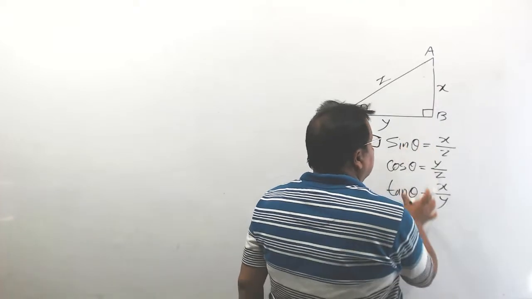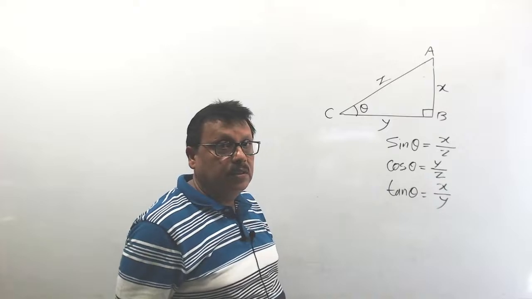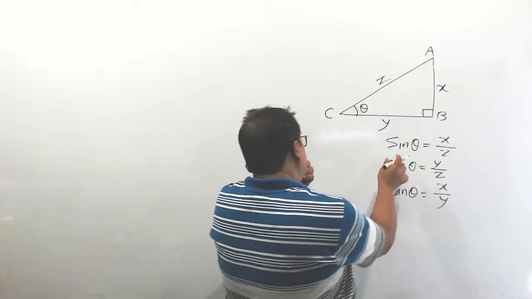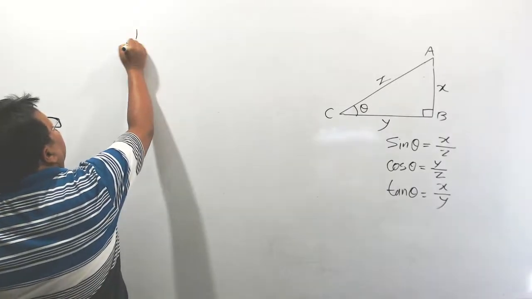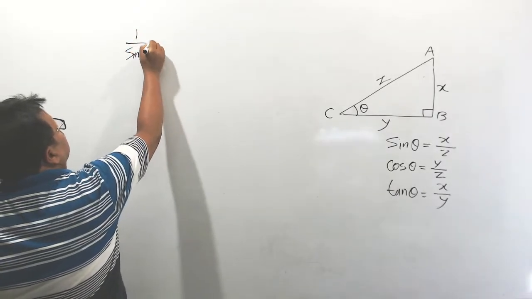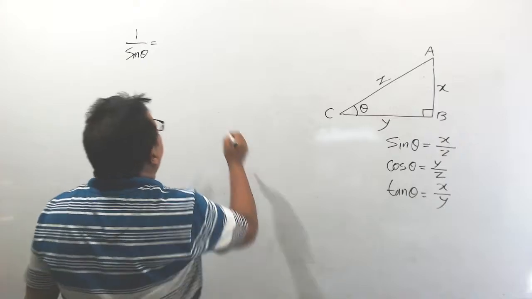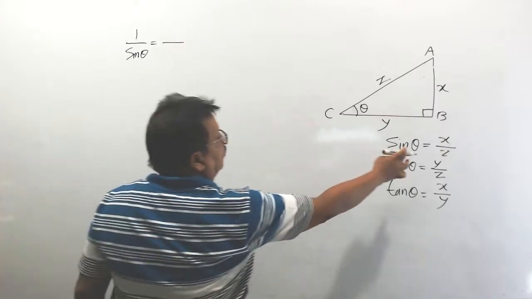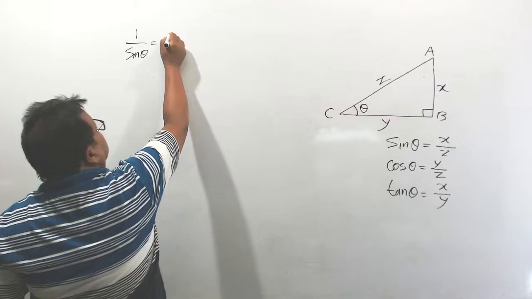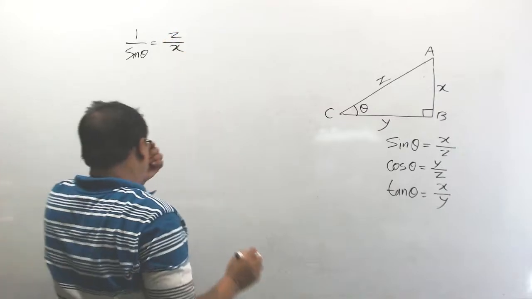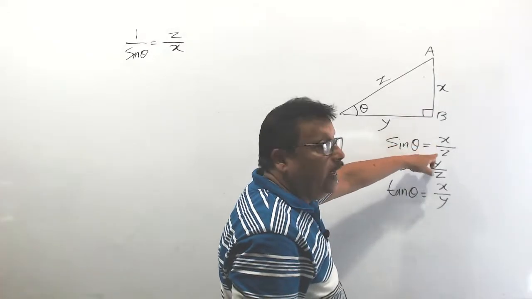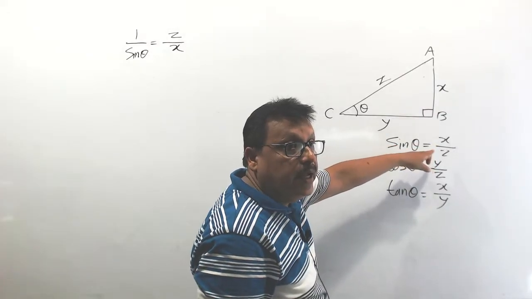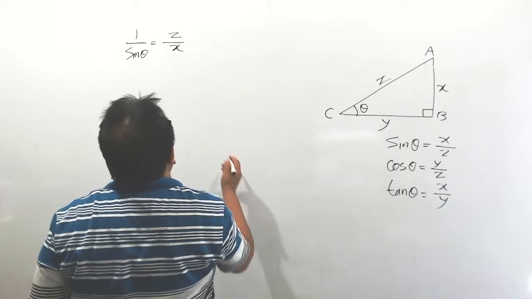Now, consider the reciprocal of this. What is the reciprocal of sine theta? I am writing here 1 by sine theta. That means 1 by x by z, that is z by x.